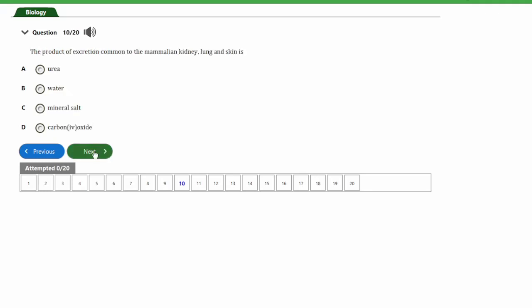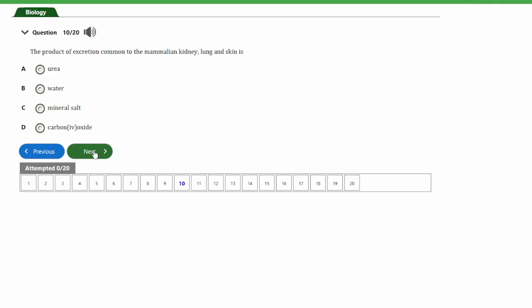So guys, let's look at the next question, and that's question number 10. The question says, the product of excretion common to the mammalian kidney, lung, and skin is A, urea; B, water; C, mineral salts; and D, carbon dioxide.